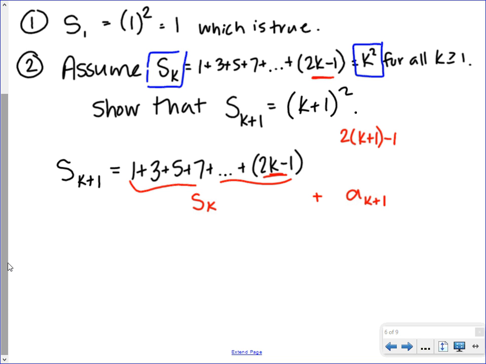If I want the k plus 1 term, I've got to plug k plus 1 in there. Okay. If you simplify this, what do you get? 2k plus 2 minus 1, so that's really 2k plus 1. So the k plus 1 term is 2k plus 1. You're plugging that into the formula for the sequence, not the series.